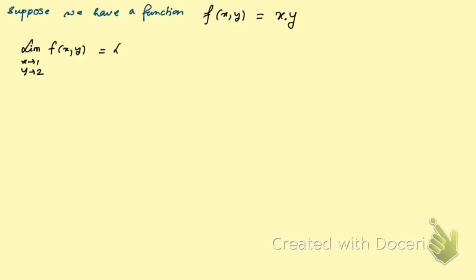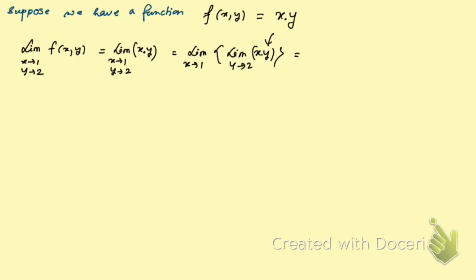So that is equal to limit x tends to 1, y tends to 2. Here the function is x into y. So first, let us find the limit of x into y for y tends to 2. If that is the case, we put y is equal to 2.